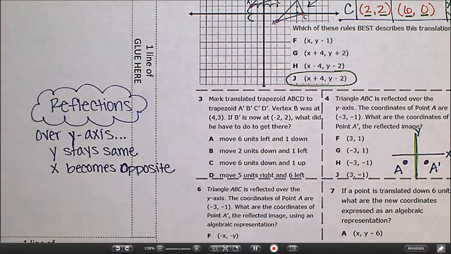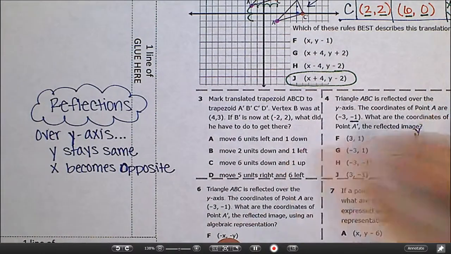So in this case, we reflected over the y-axis, so my y is going to stay the same. So -1 stays the same.